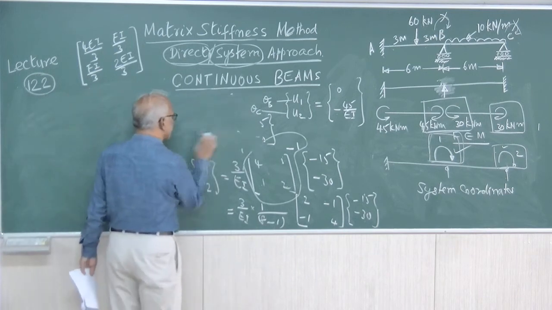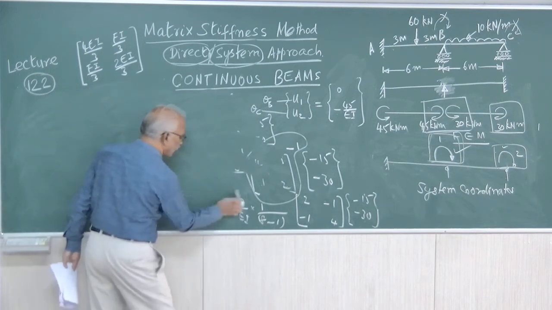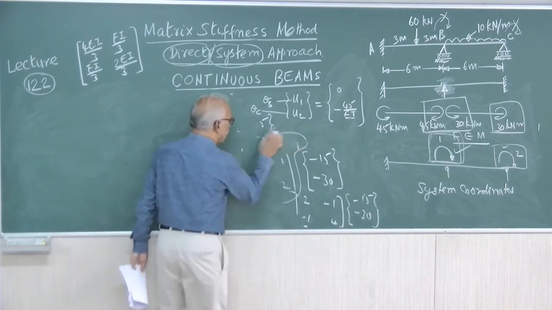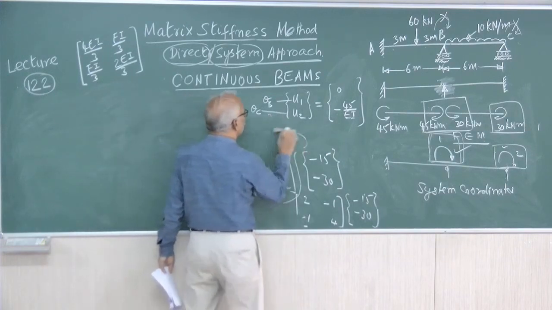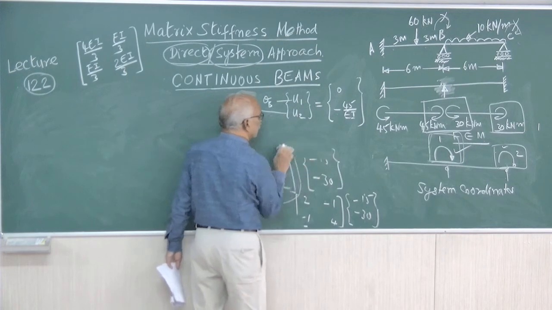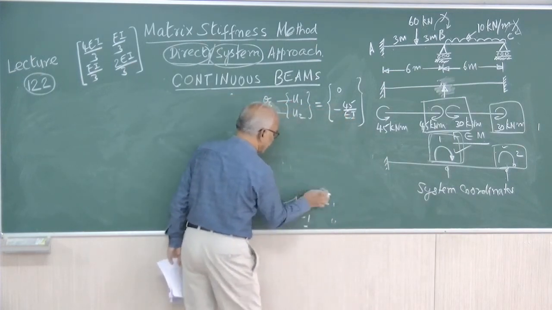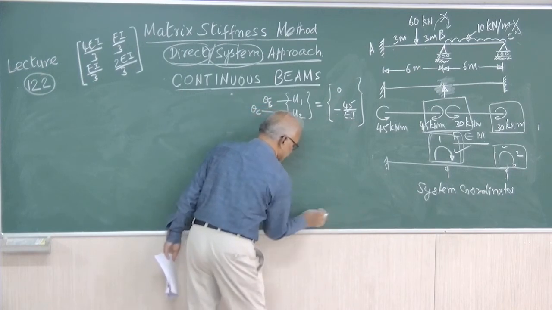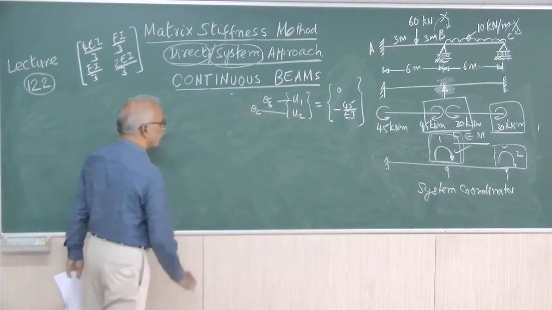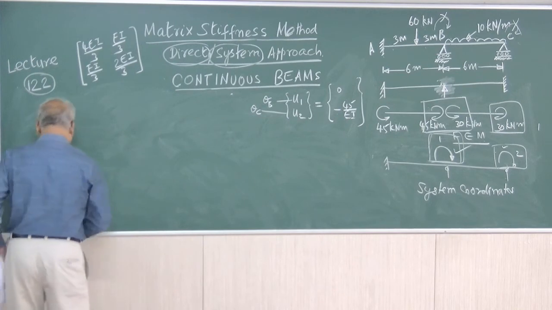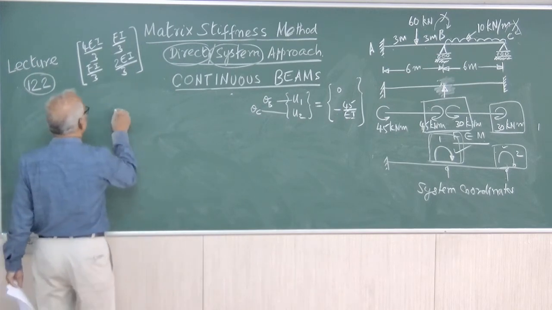So, this is the procedure for finding out the unknowns theta B and theta C. Now we are going to get the final moments using our slope deflection equations, which we are already familiar with.